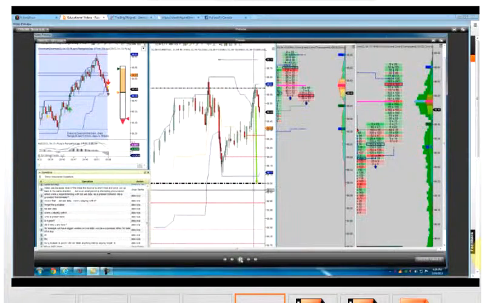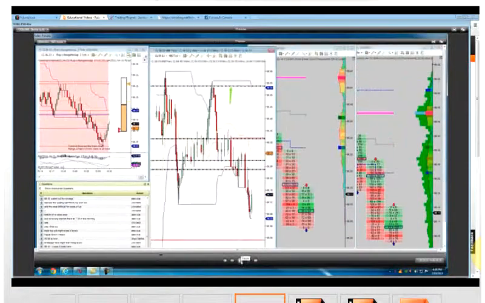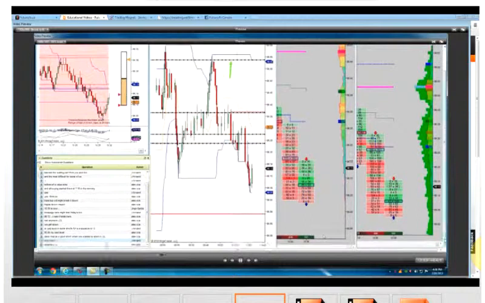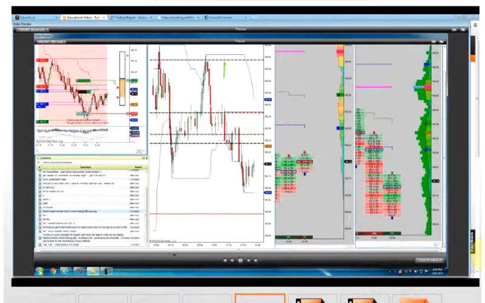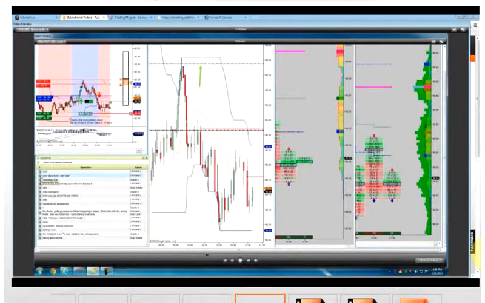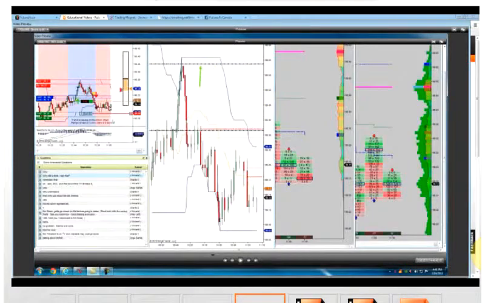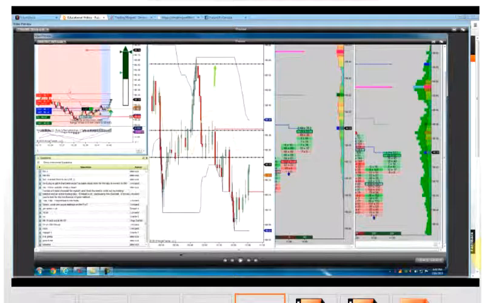And the few indications that you get is... Keep an eye on this. Okay, let me show you something here.